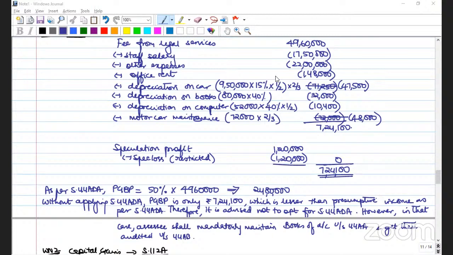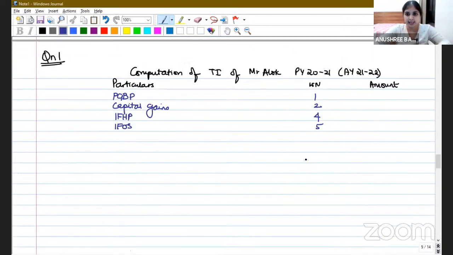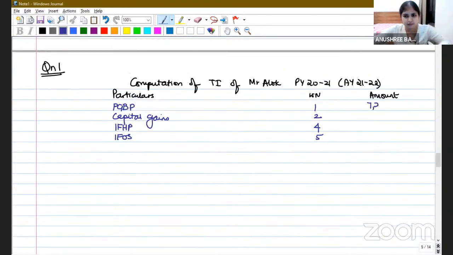I hope we are done. Let's proceed. So PGBP, we will stick to 7,24,100. We will not choose 44ADA.